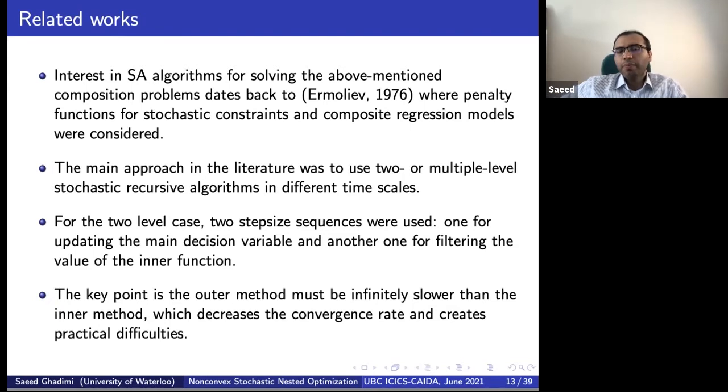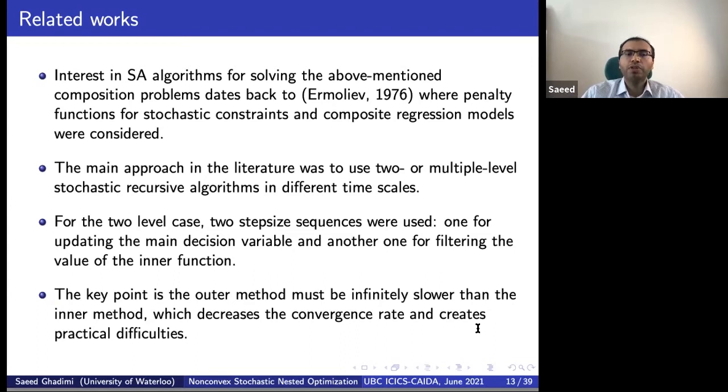However, the main approach in the literature was to use two-level or multi-level stochastic recursive algorithms in different time scales. For example, for the two-level case, two step-size sequences were used, one for updating the main decision variable and another for filtering the value of the inner function.